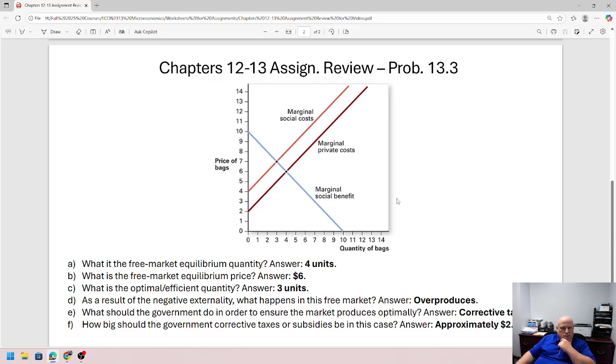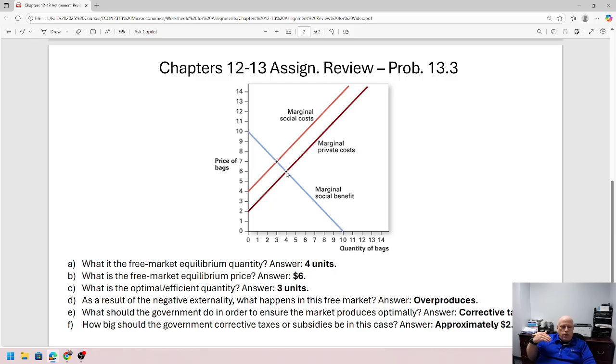Well, in this case, we would look at the intersection of the marginal private cost and the marginal social benefit right here. All right, where this dark red curve intersects the marginal social benefit curve right here. And where those two intersect is at 4 units.